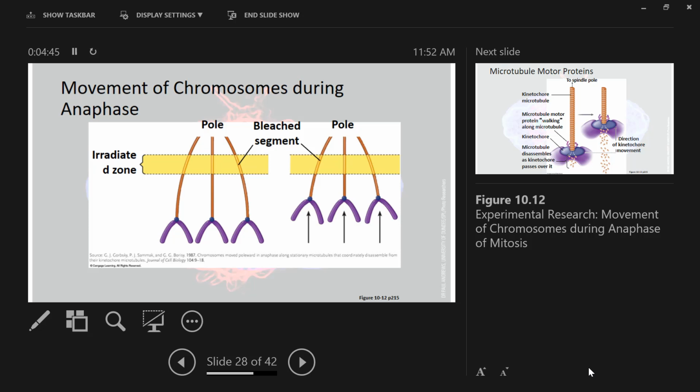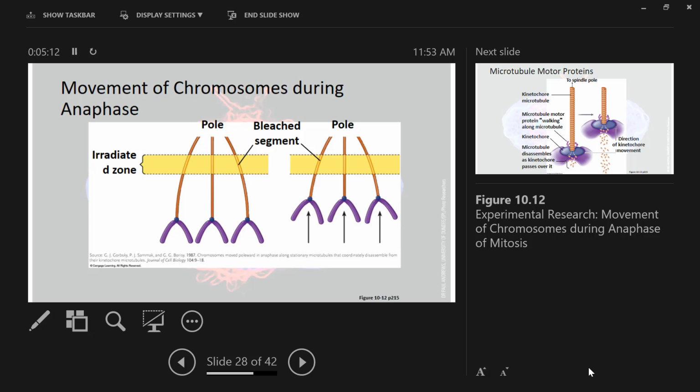And so because we knew this about microtubules, we thought, I bet that they're not shortening at this end, because microtubules only lengthen and shorten at the positive end, which is actually over here. So then we thought, well, that's very strange that they're shortening at the end that's physically attached to the chromosome. Unless the microtubule is not what's physically attached to the chromosome, but rather there's something else that's attached to both the microtubule and the chromosome.